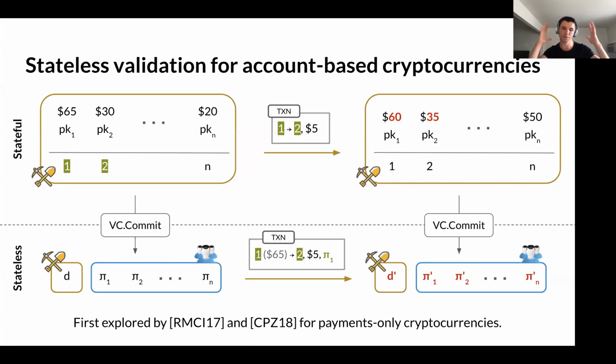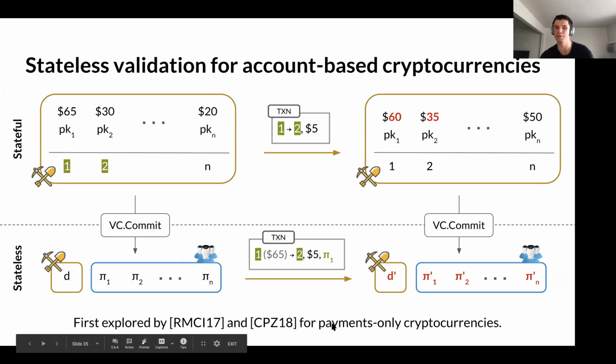But an alternative is to have proof serving nodes that maintain all of these proofs. And in fact, proof serving nodes can be sharded. They don't have to maintain all proofs. They can maintain a shard of the proofs. And a user can just contact a node and get its latest updated proof. And now just the proof serving nodes themselves have to keep up with all transactions and apply the updates to the proofs. So roughly speaking, this is the stateless validation framework proposed by Reisen et al. and CPZ 18.